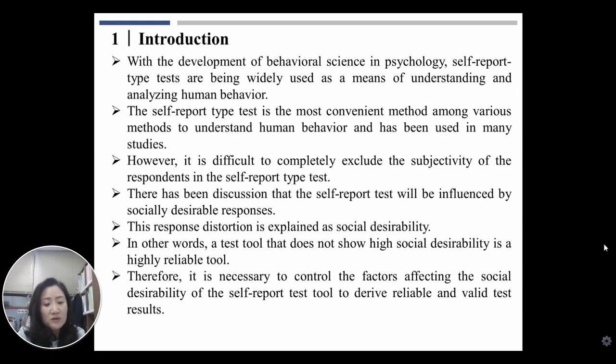In other words, a test tool that does not show high social desirability is highly reliable. Therefore, it is necessary to control the factors affecting the social desirability of the self-report test tool to derive reliable and varied test results.